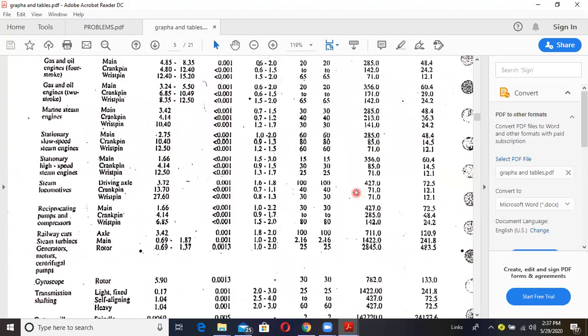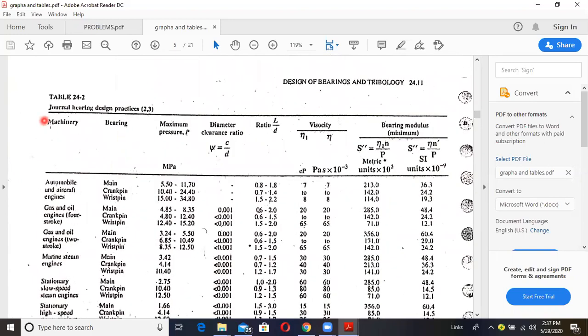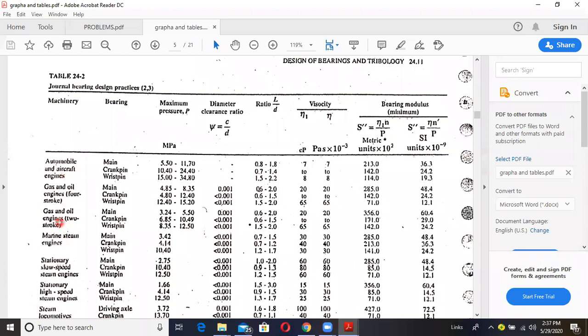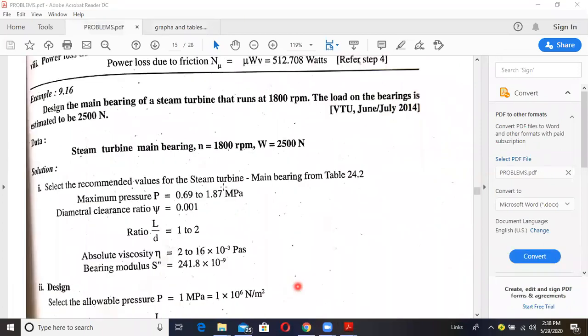See, this is the table number 24.2. Now here in the first step we have to see where there is steam engine. So in the question they have given the application as steam turbine.